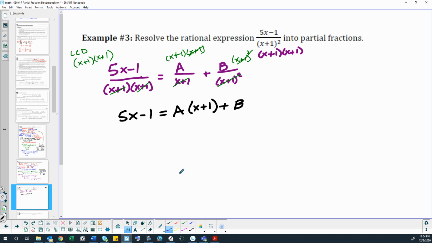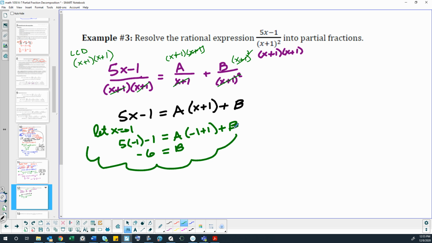I'm going to let x equal -1. 5 times -1 minus 1, so that's -6, equals A times -1 plus 1, so that's 0, plus B, so B equals -6. That's nice to know, right? We'll just set that aside.